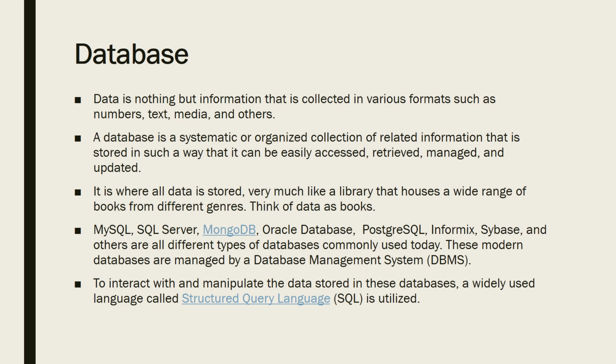So MySQL, SQL Server, MongoDB, Oracle Database, PostgreSQL, Informix, Sybase, and others are all different types of databases commonly used today. But mostly we are using Oracle, Mongo, SQL, and MySQL.